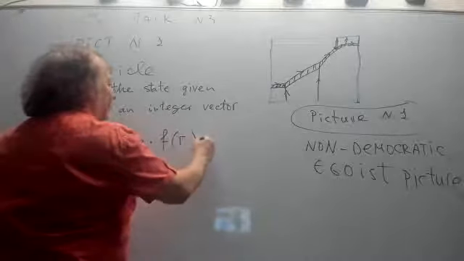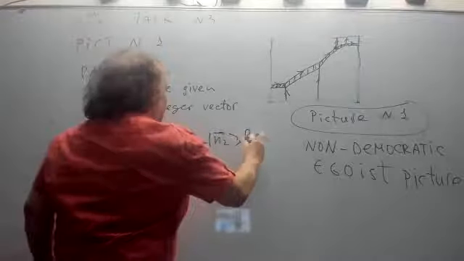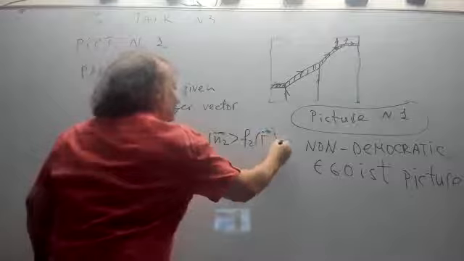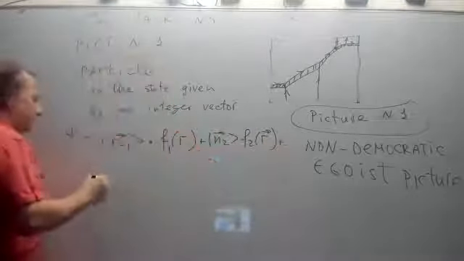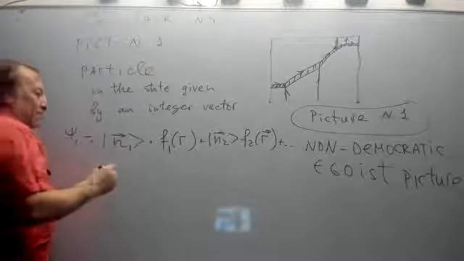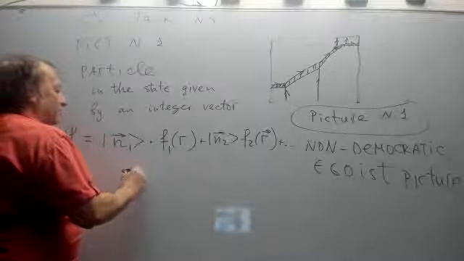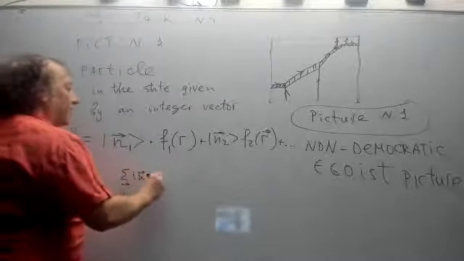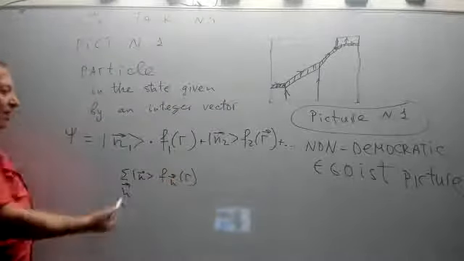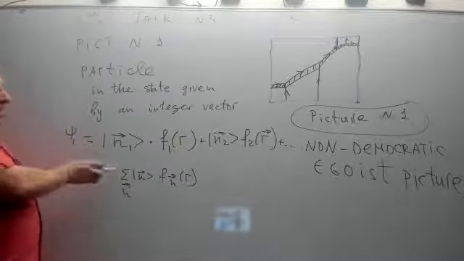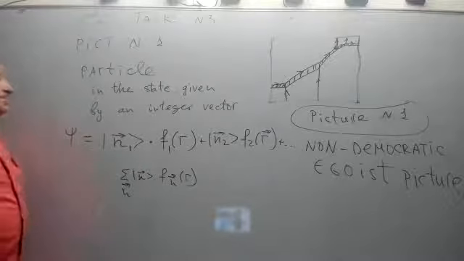N1 times f1 of R plus N2 f2 of R, or in other terms, particles are sum over n Fn. Okay? So let us take this n basis and study the particle that has momenta n. Okay?